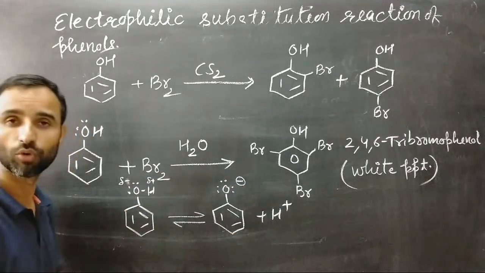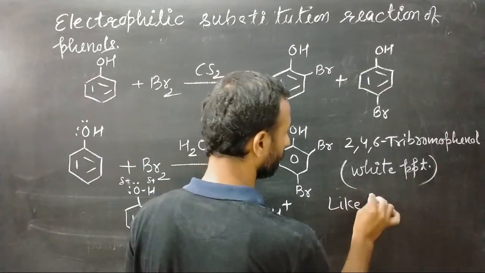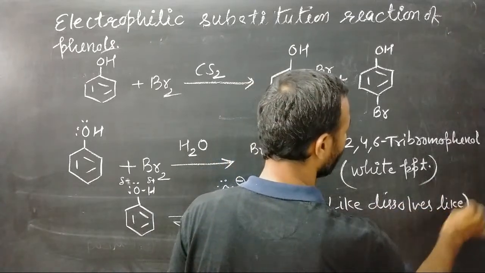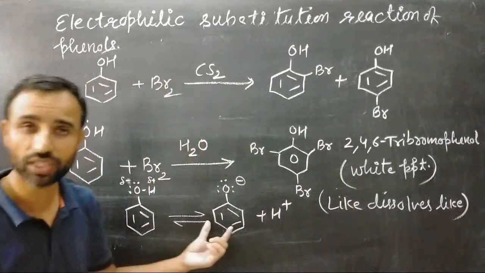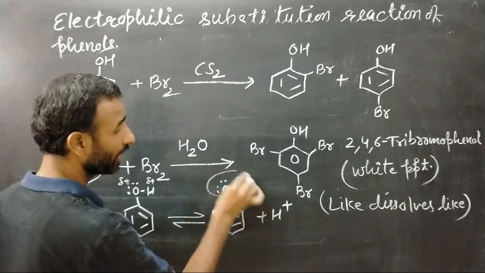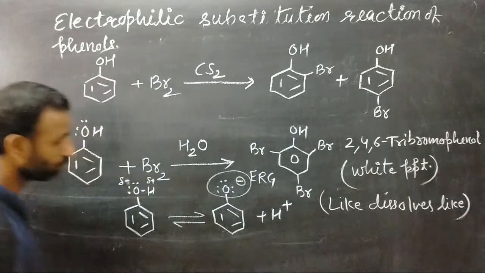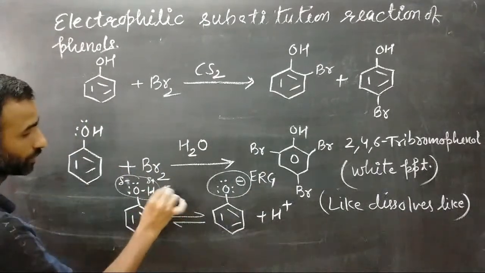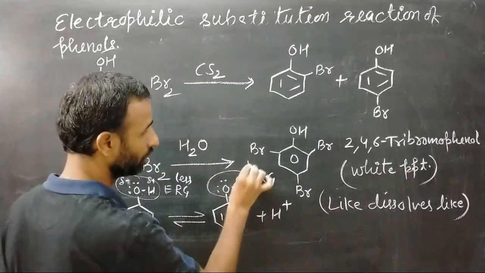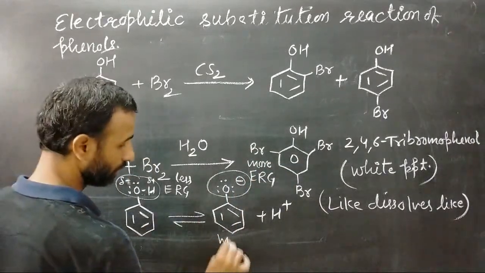And like dissolves like. At the same time, phenoxide ion is more resonance stabilized than phenol, or O negative is a stronger electron releasing group than OH itself. Both are electron releasing groups, but this is less and this is more. And this is more polar.